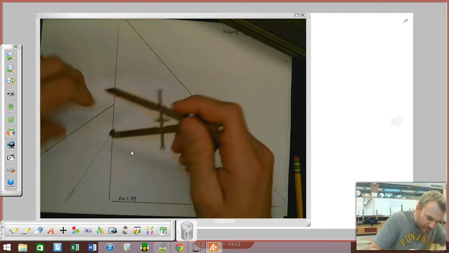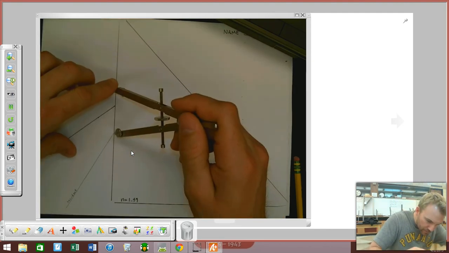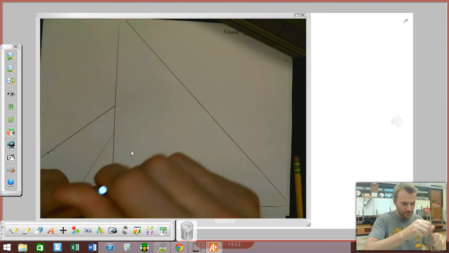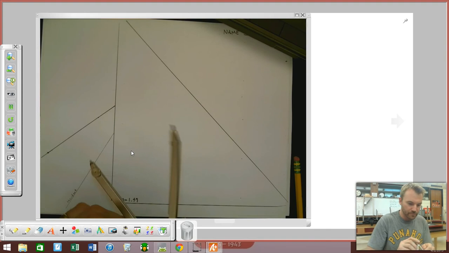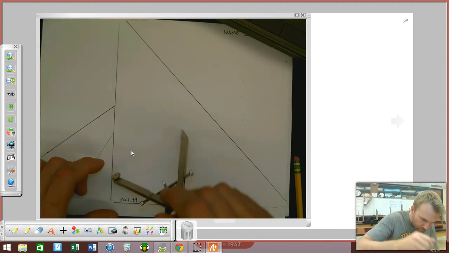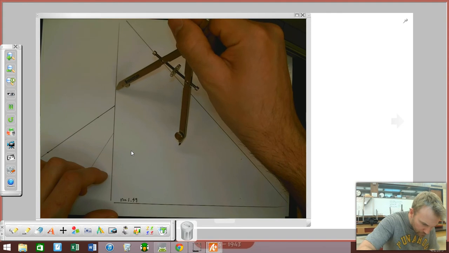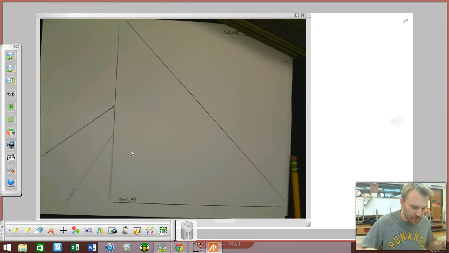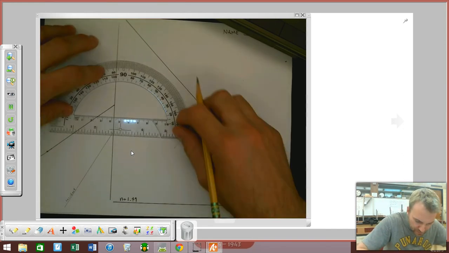So take my compass. I'll make one mark on one side, one on the other. Open my compass up. And take your time with these. In order to be accurate, you have to do a good job in measuring and drawing.